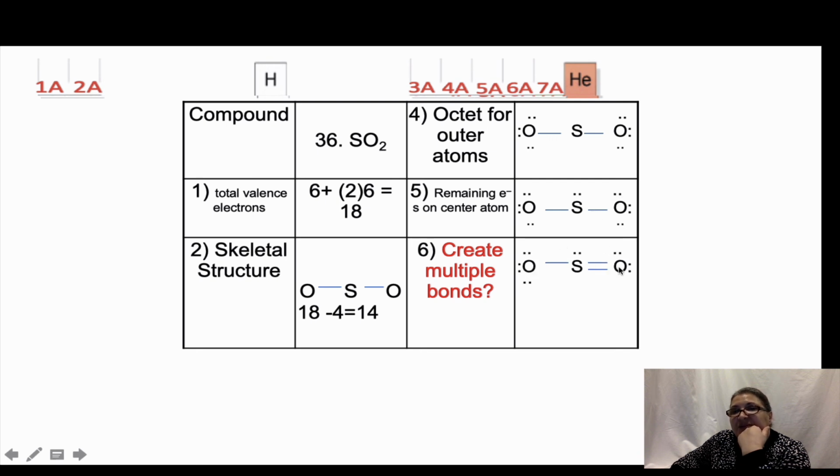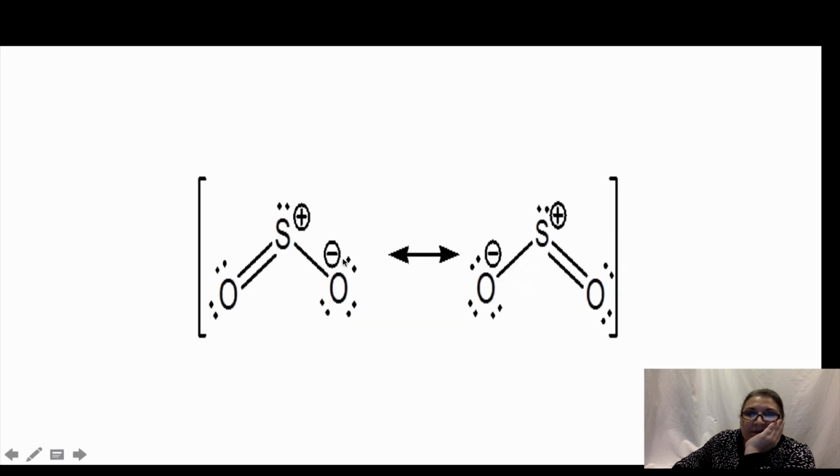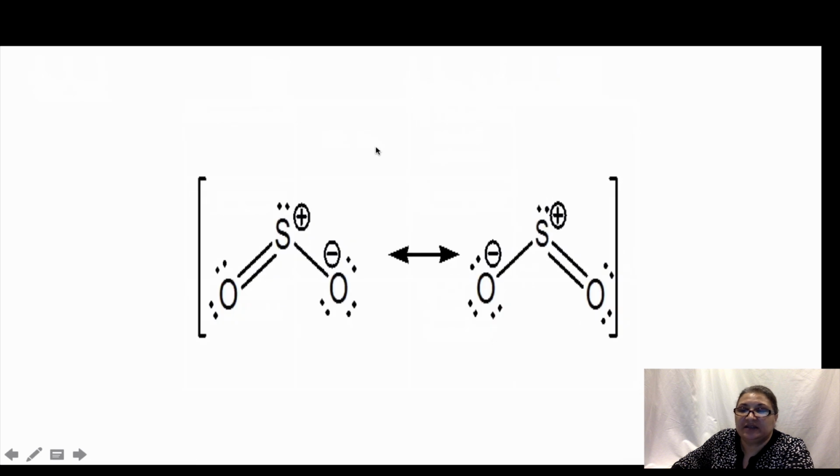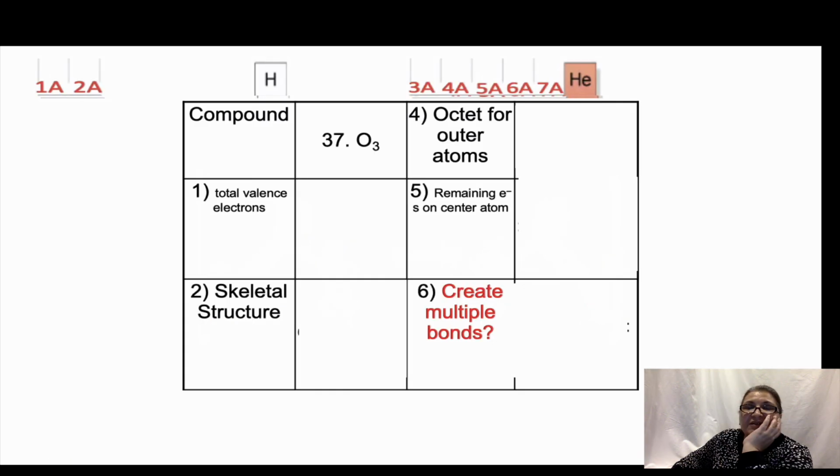So we pull a double bond, so we have 1, 2, 3, 4, 5, 6, 7, 8. Around the sulfur, we have 1, 2, 3, 4, 5, 6, 7, 8, and this oxygen is 8. Again, when it's rotating in space, it could be this oxygen or this oxygen. And we call that term resonance, equal sharing of that bond.